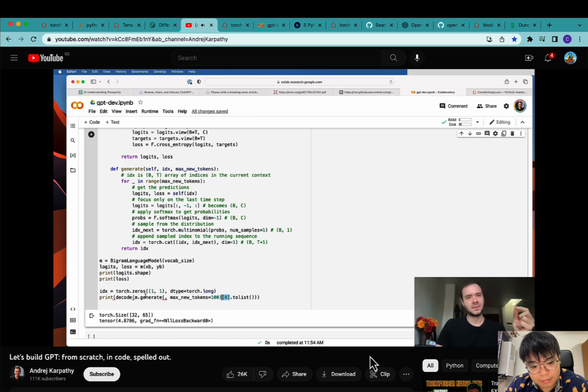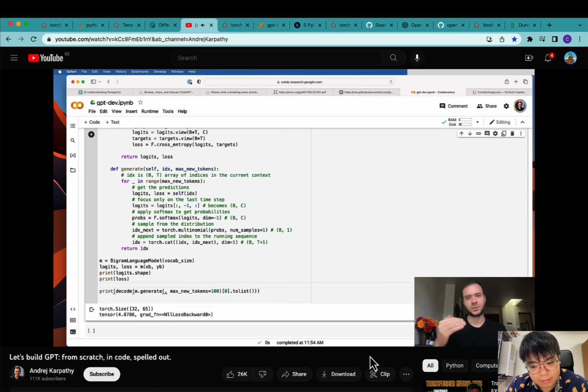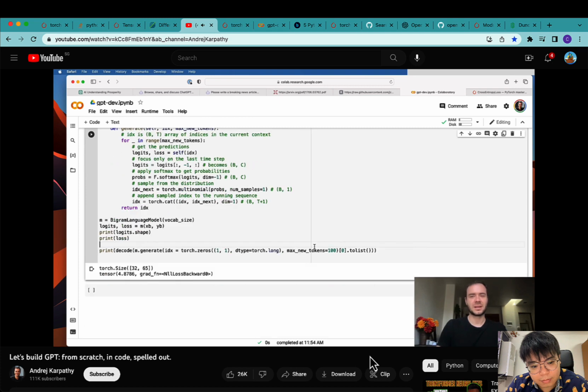And then that gives us a one-dimensional array of all the indices, which we will convert to a simple Python list from a PyTorch tensor, so that we can feed it into our decode function and convert those integers into text.